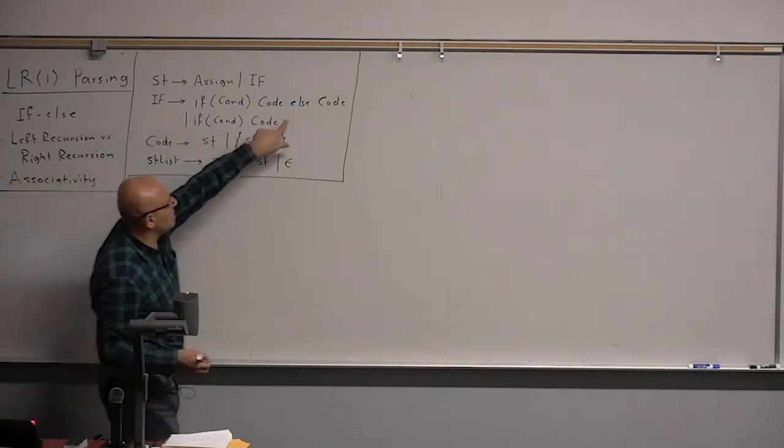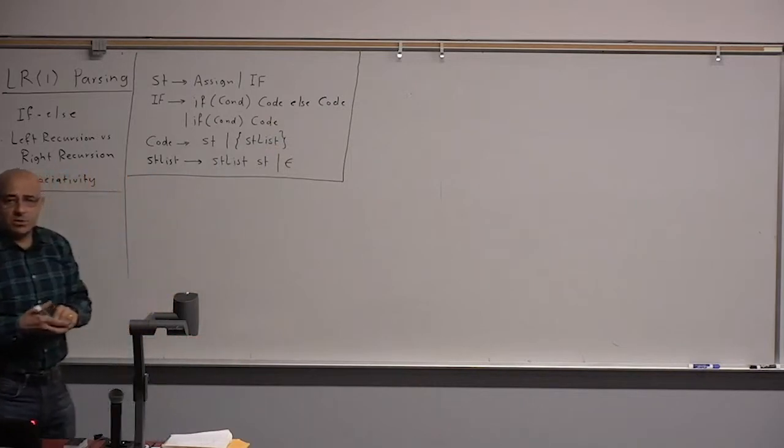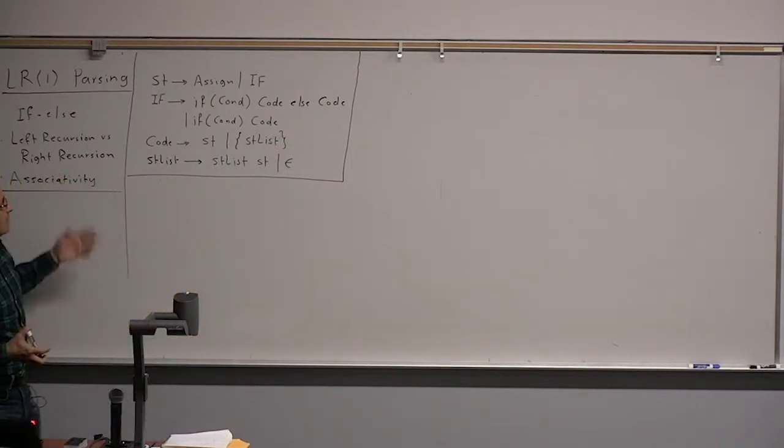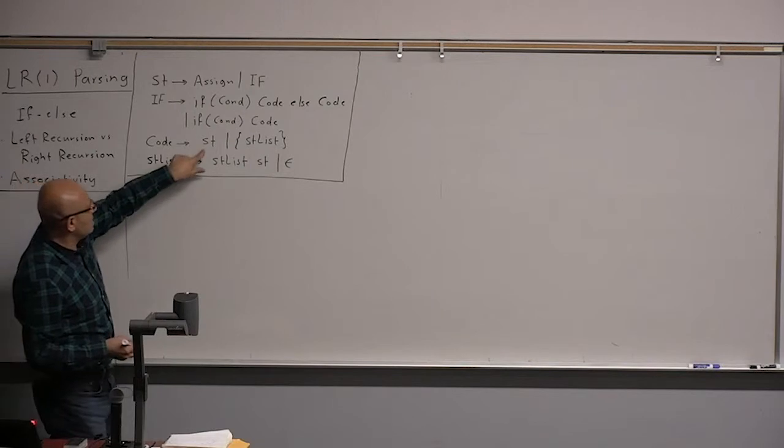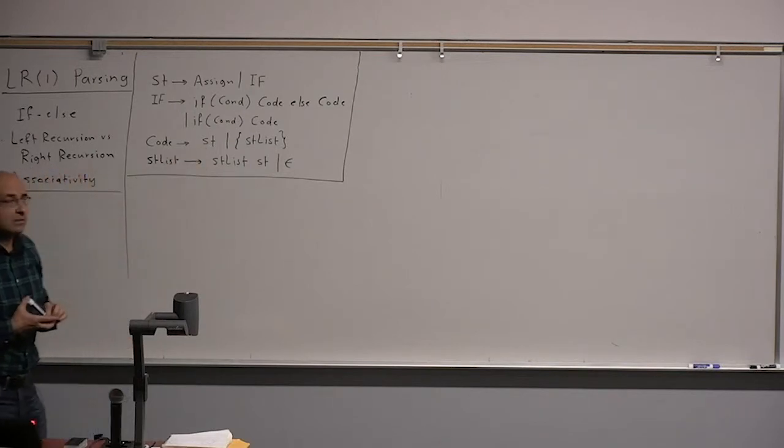An optional else, most students did this right. So most students allowed the if statement to have an else or not to have an else. The else was optional, but many students missed this part.